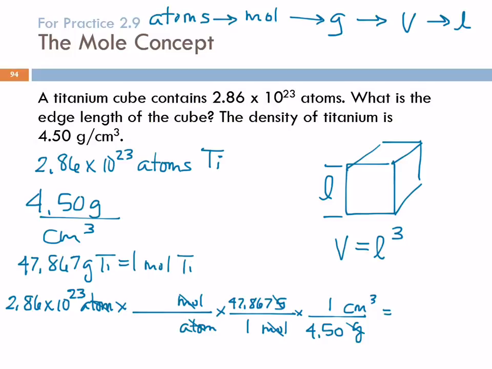And then moles to atoms is Avogadro's number, 6.022 times 10 to the 23rd. 2.86 EE23 divided by 6.022 EE23 times 47.867 divided by 4.5.